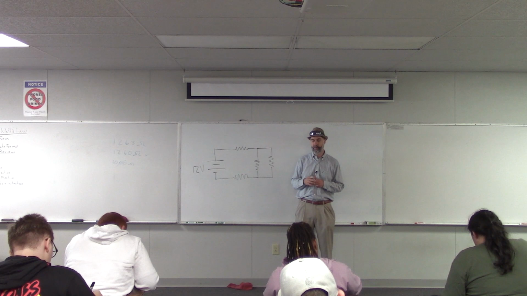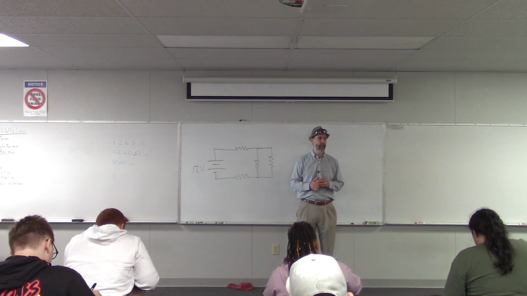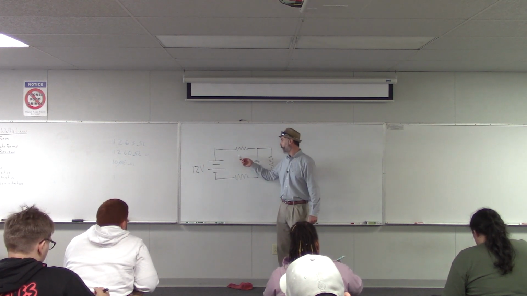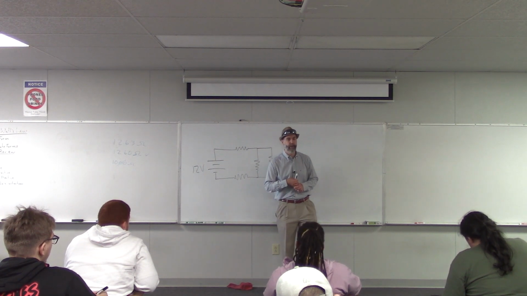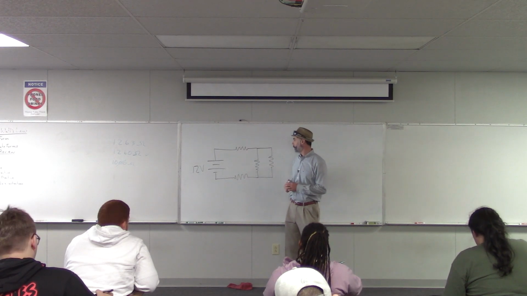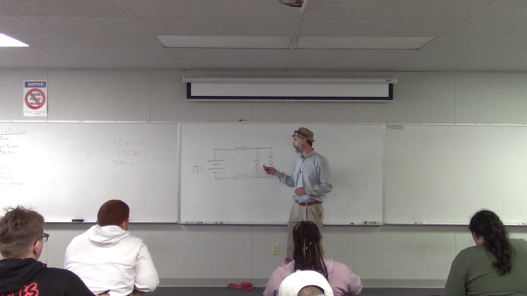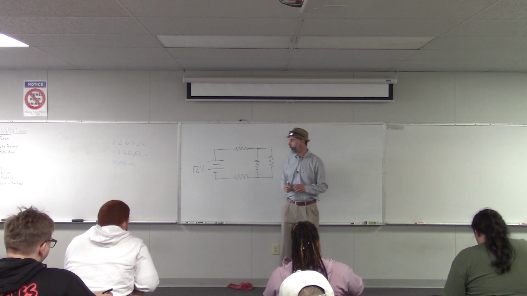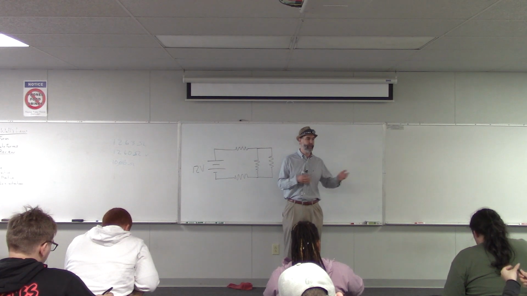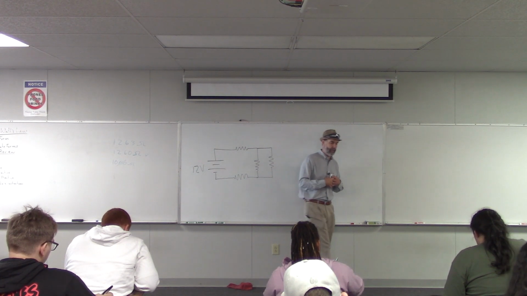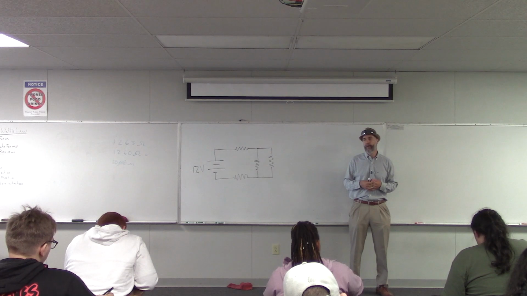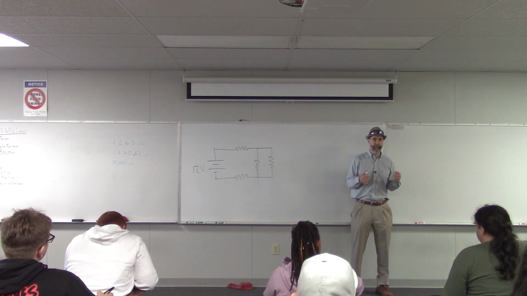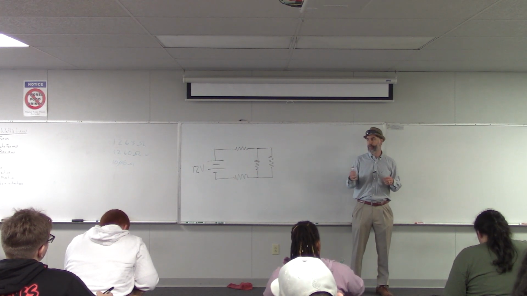You are welcome to get your answers in whatever way works best for you. I would recommend getting them both ways. So building the circuit and taking the measurements, and then also doing the math for the circuit and comparing your math answers to your measured answers. That way, if the math and the measurements are very similar, you know that you're probably on the right path. If they are off from each other, that might be a sign that you want to go back and check your work.